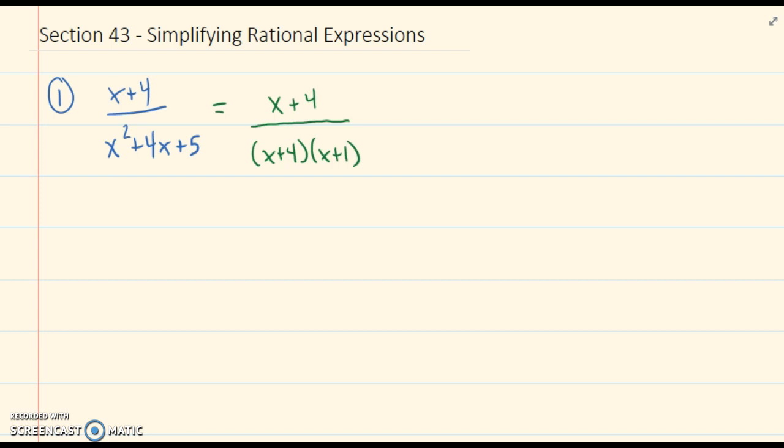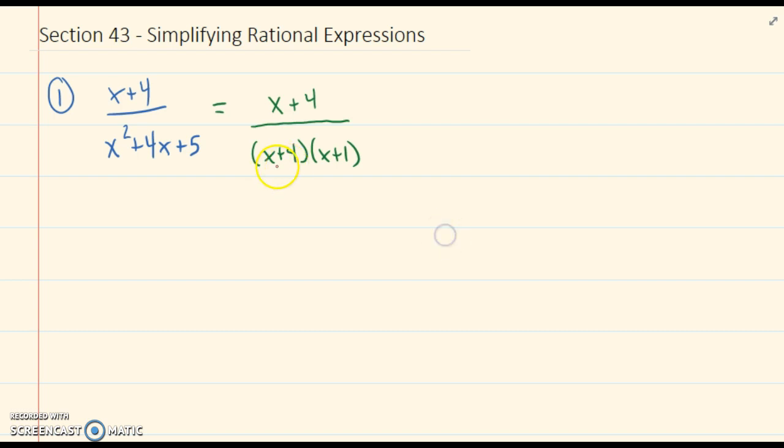But what I want to do first, before I start canceling anything, is look for problems in the denominator. The problem that we have is that we can never divide by 0. So I actually have two factors that could potentially pose a problem for us. For particular values of x, they're going to return a 0 in the denominator, which is just really bad news.